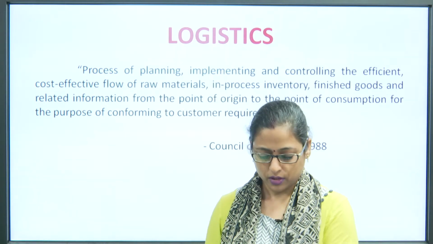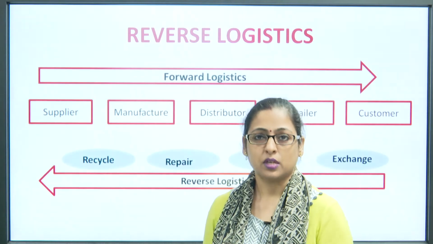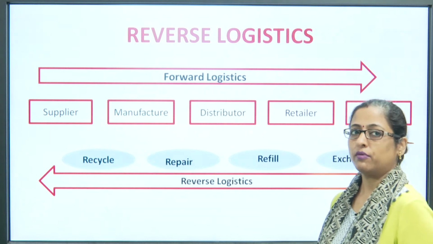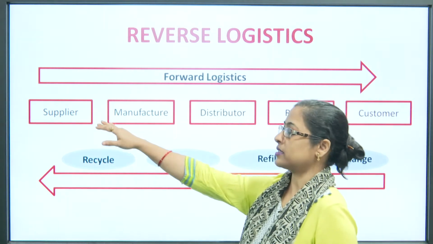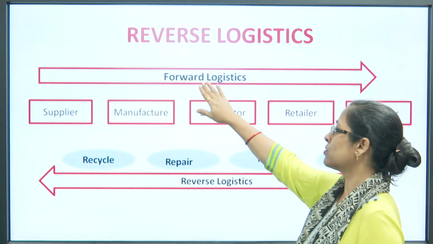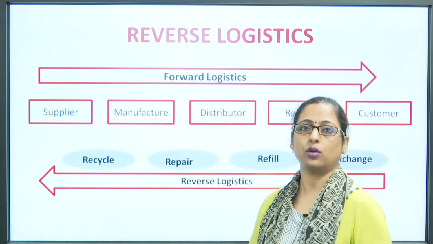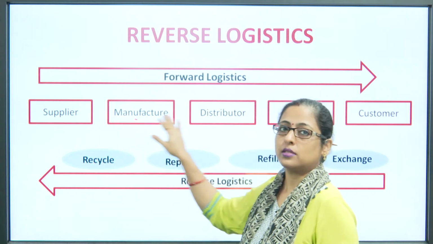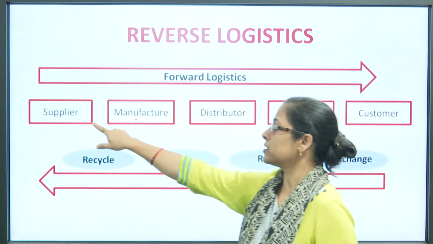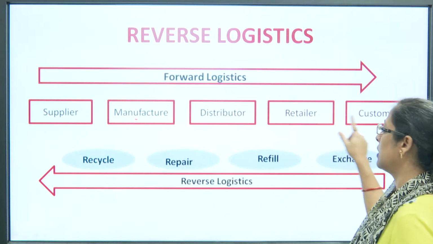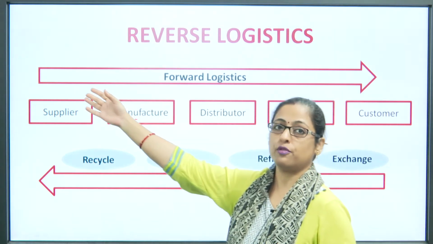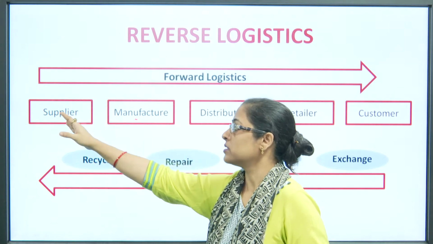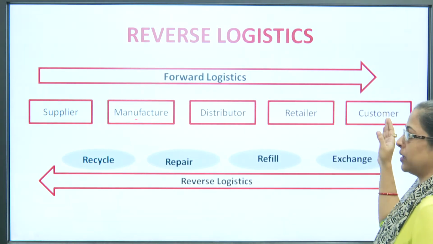Now, what is reverse logistics? Let us understand through a small diagram. Through this diagram, you can see that what we had discussed till now can also be named forward logistics, where there are various nodes in the form of supplier, manufacturer, distributor, retailer and customer, and the flow of information or products is from supplier end to customer end.